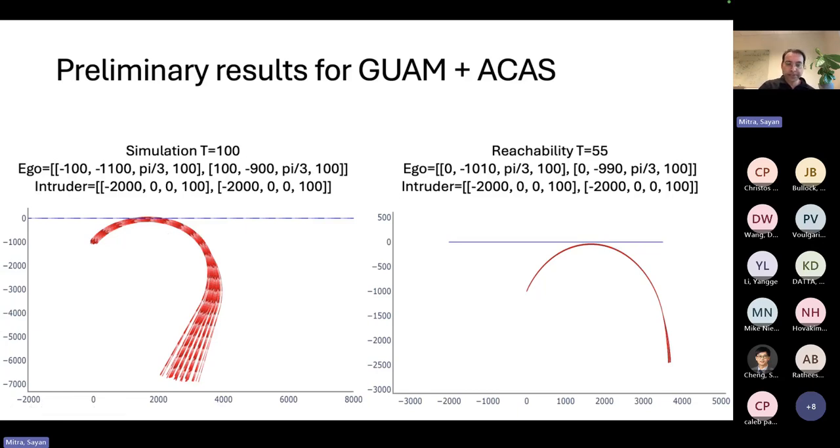We've just been able to put everything together. And these plots are maybe not particularly informative as to understanding whether the scenario was safe or what kind of advisories kicked in.